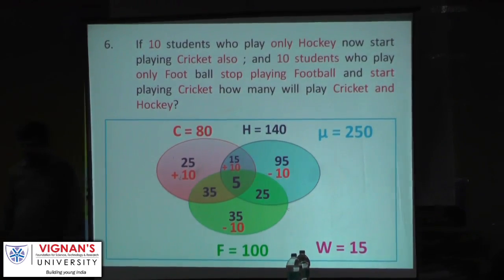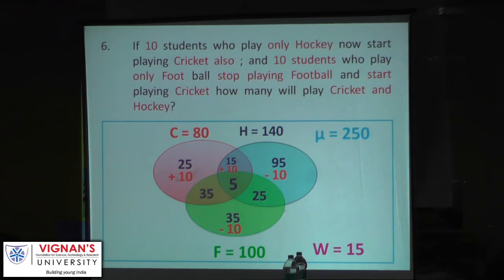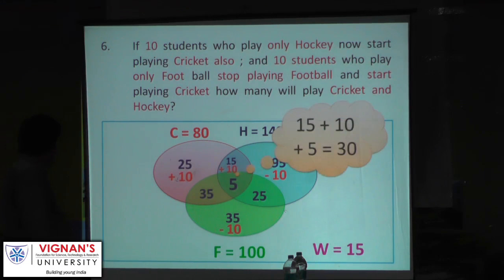Are you getting my point? They are playing only one game, cricket. We can't consider them. So how many will play both cricket and hockey? Right, 30. 15 plus 10 plus 5 is 30. Understood?